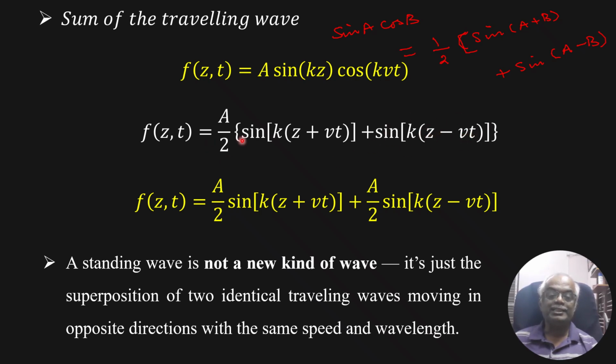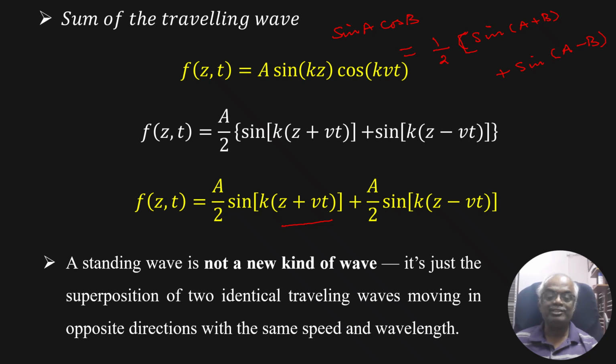Here I can separate this into two parts: (A/2) sin[k(z + vt)] plus (A/2) sin[k(z − vt)]. These are the traveling waves. The first is traveling to the left, the negative direction. Why? We can give a simple explanation.